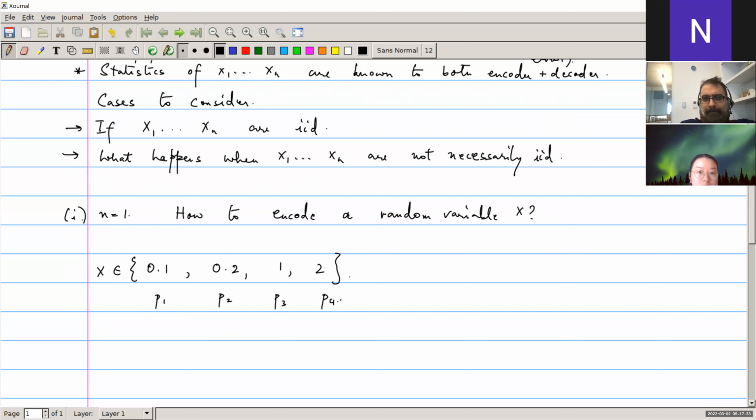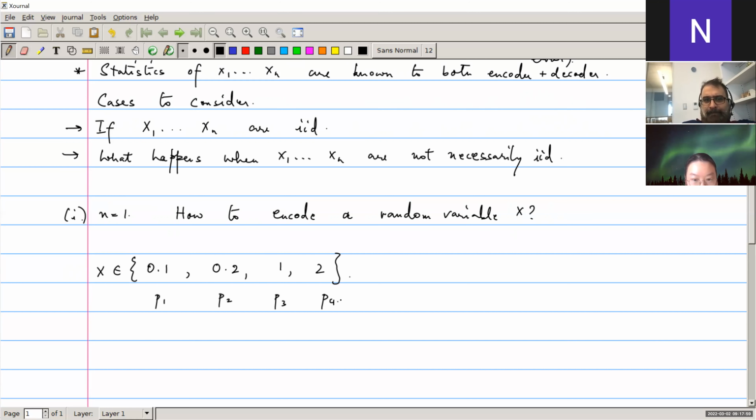Now, this means that with probability P1, you observe a value 0.1 for x. With probability P2, the value is 0.2. With probability P3, the value is 1, and with probability P4, the value is 2. Because it's a probability distribution, P1 to P4 add up to 1.